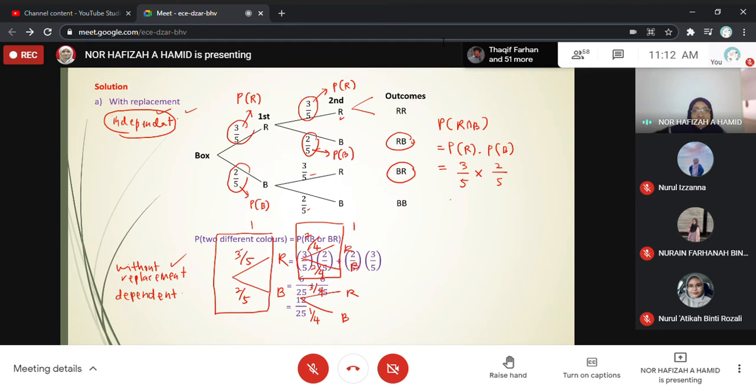Okay, so you will have 6/25. Okay, so ni untuk independent event. So kita tengok formula dia, tadi sama formula dia kita apply tadi lah.